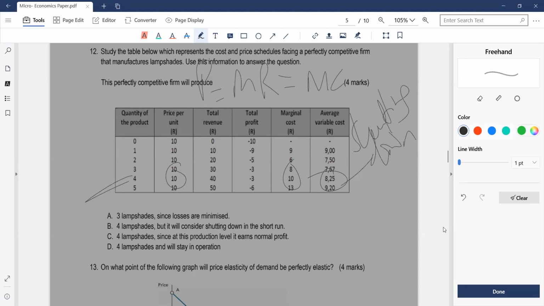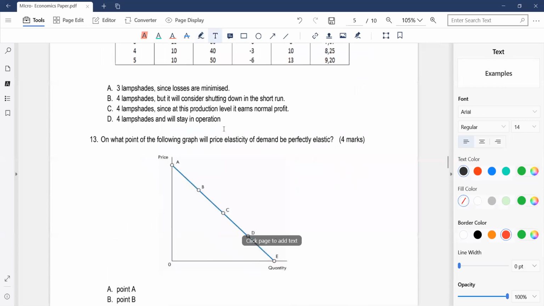Then proceed. Yes, let's proceed, please. All right, so I'm proceeding and finishing this paper.